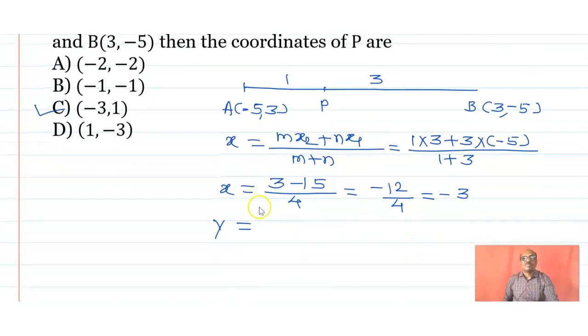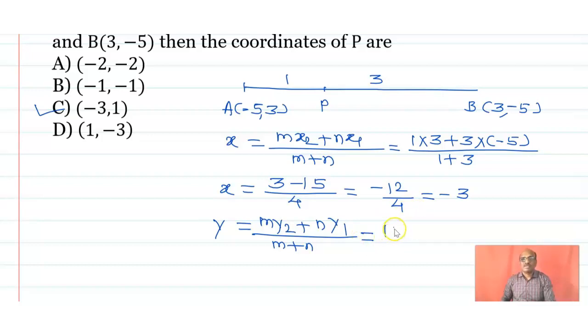Okay. Now next is m y2 plus n y1 upon m plus n. Okay. And this equals to, next what is the m?